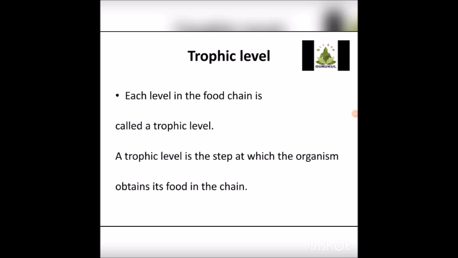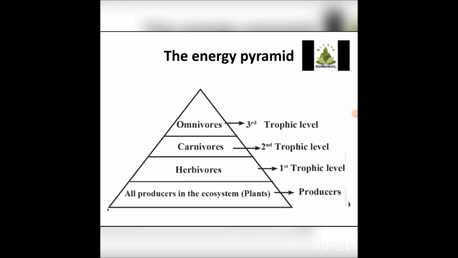Now, what is a trophic level? Each level in the food chain is called a trophic level. A trophic level is the step at which the organism obtains its food in the chain. So in the previous diagram, all the producers in the ecosystem form one level. Herbivores are the first trophic level, carnivores are the second trophic level, and omnivores are the third trophic level.